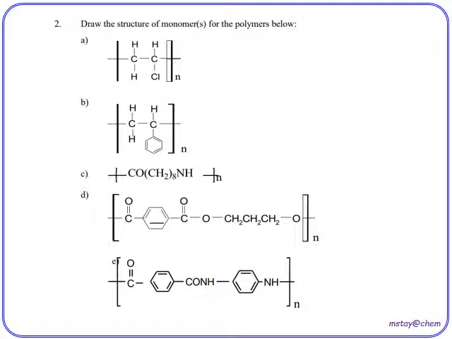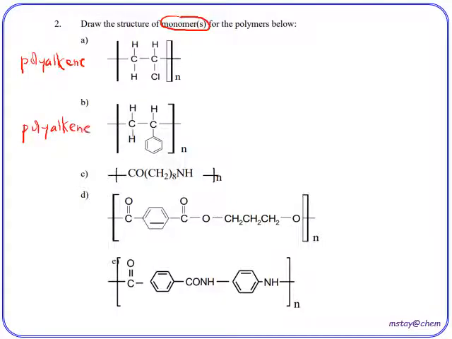Okay, now we try to complete tutorial question number 2. From the question, we are requested to draw the structure for the monomer. Before we start, maybe we can consider whether the polymer here is polyalkene, polyamide, or polyester. If you look at structure A, you don't see the amide and carboxamide group and also the carboalkoxy group, so we know that this is a polyalkene. B is also the same case, polyalkene.